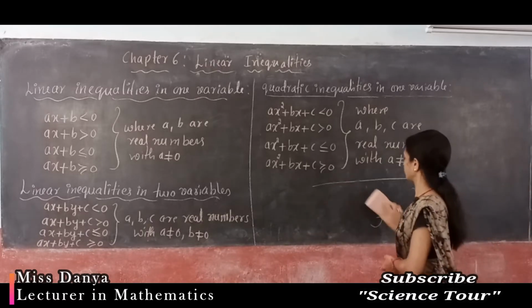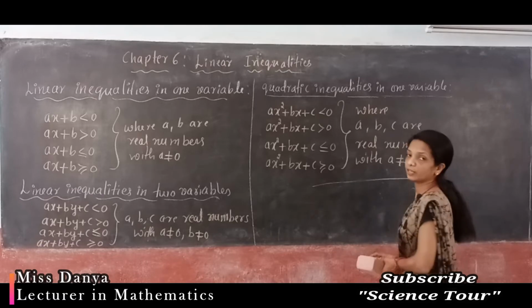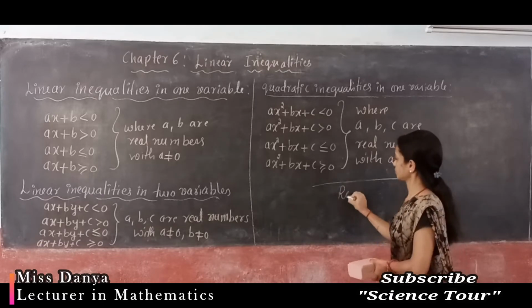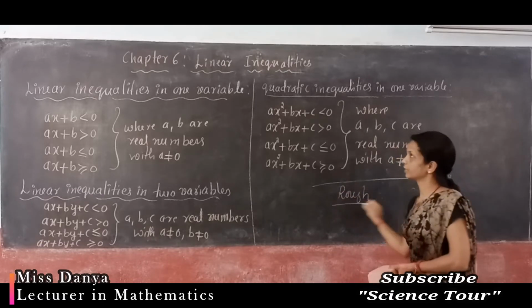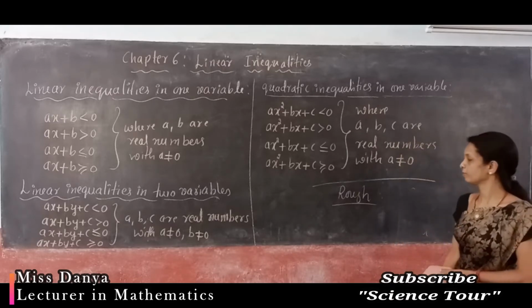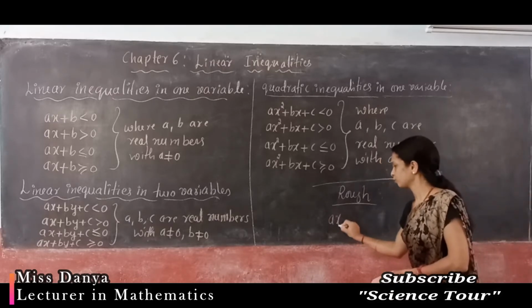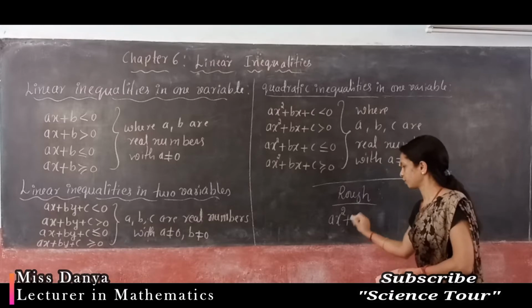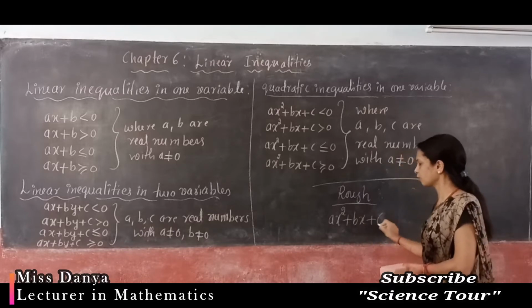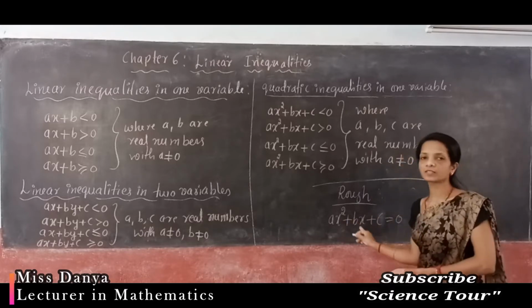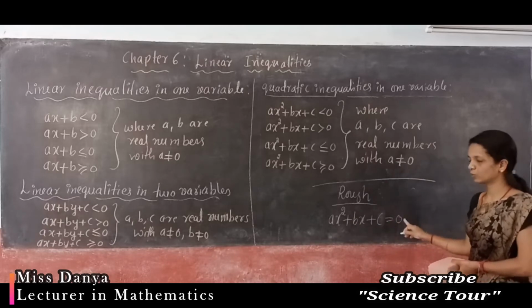And next you have quadratic inequalities in one variable. You know that the standard form of a quadratic equation in one variable is ax square plus bx plus c is equal to 0.